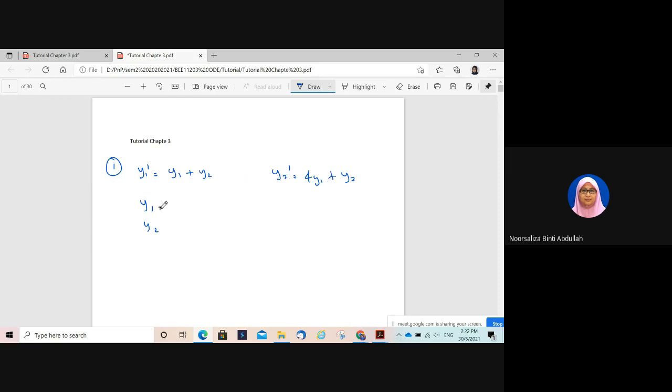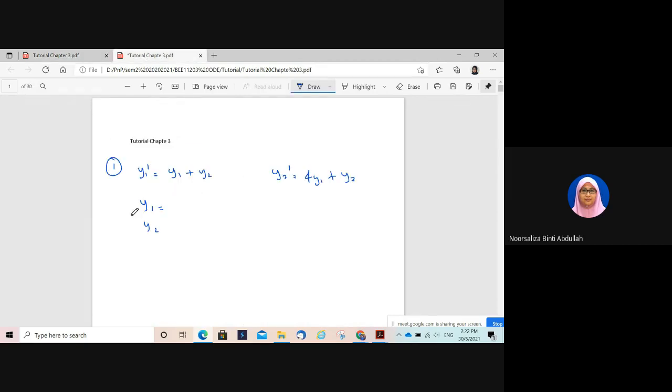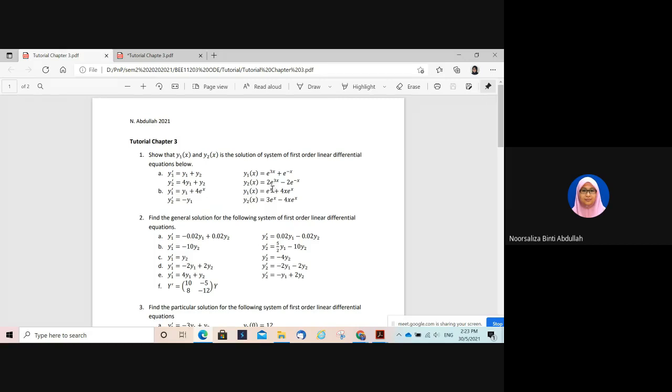So Y1 is equal to exponent 3x plus exponent minus x, while Y2 is 2 exponent 3x minus 2 exponent minus x.